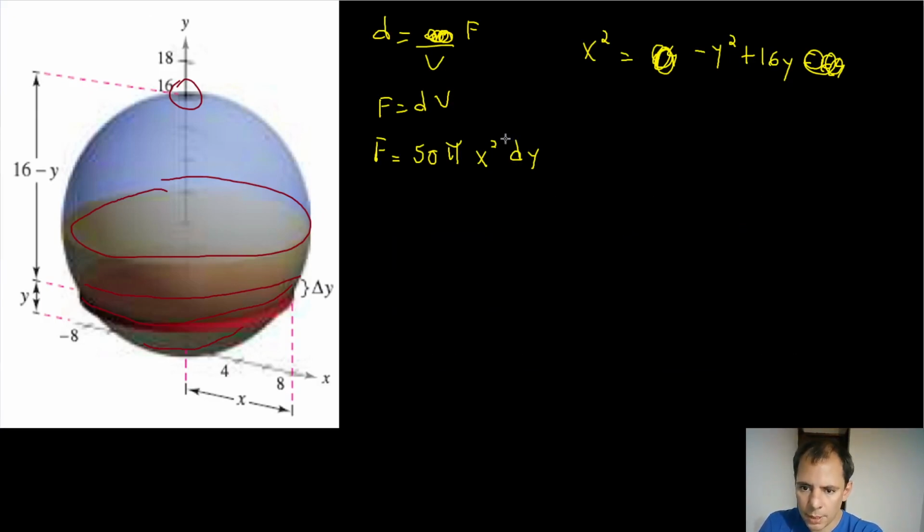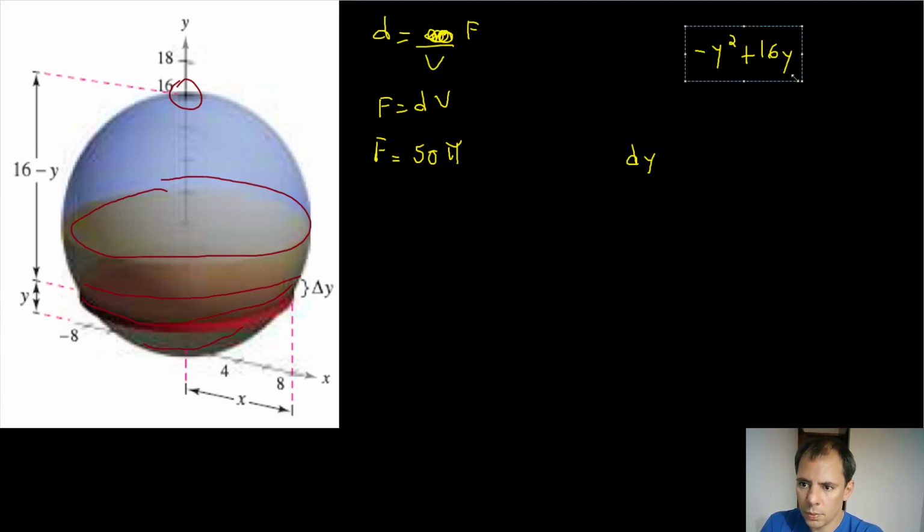So I'm going to get the x squared out, and I'm going to bring this stuff in. Well, actually, I'm going to factor the y out, okay? Should I do that?